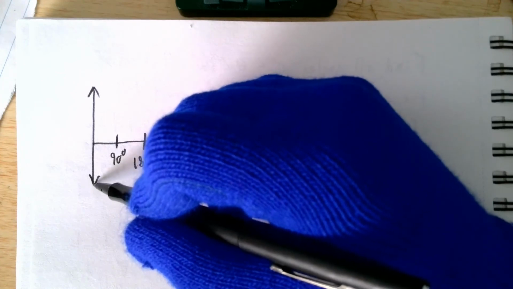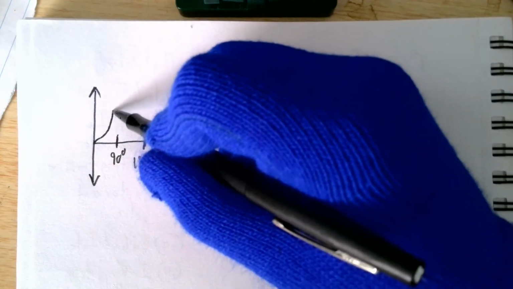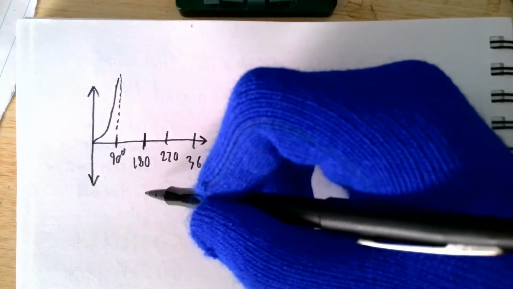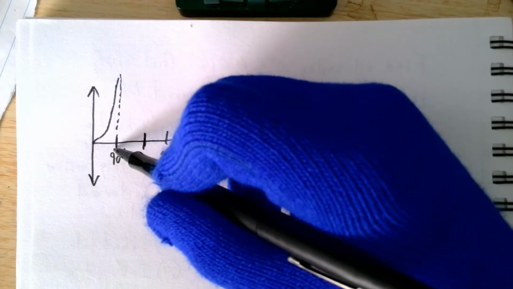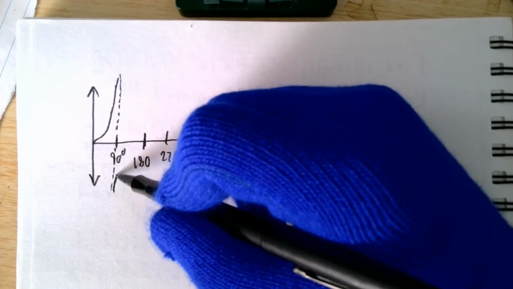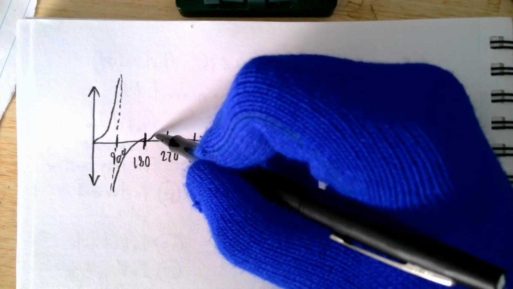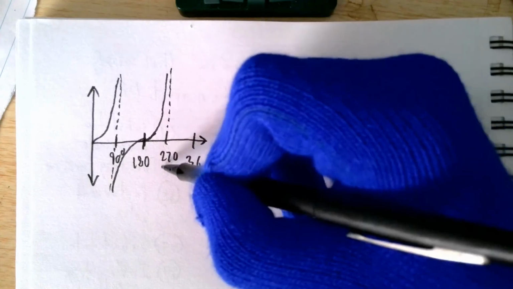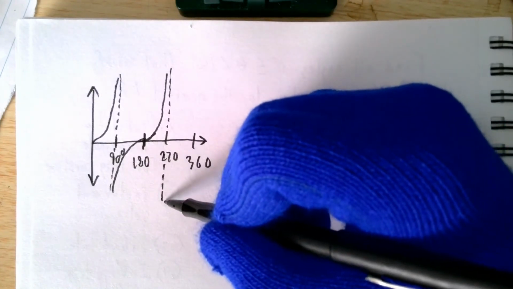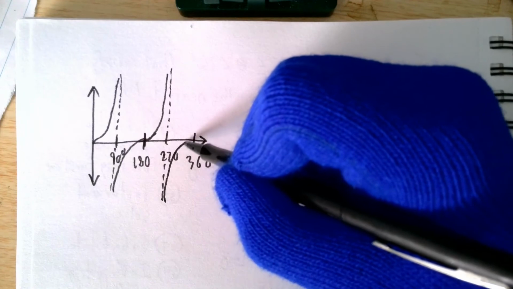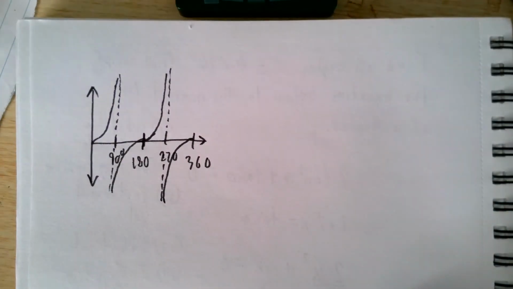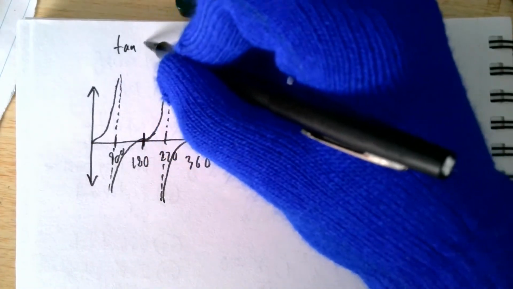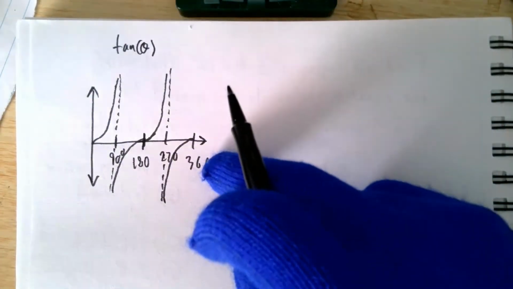And this one is going to come from 0, then it's going to approach positive infinity as x approaches 90, then come from negative infinity, hit 0, then again approach positive infinity, and the same thing, come from here, negative infinity, and then hit 0. Just like that. This is going to be tangent of theta or tangent of x. That's the basic tangent graph.